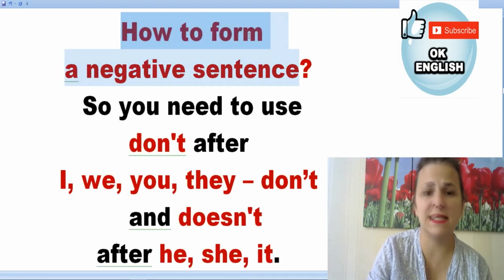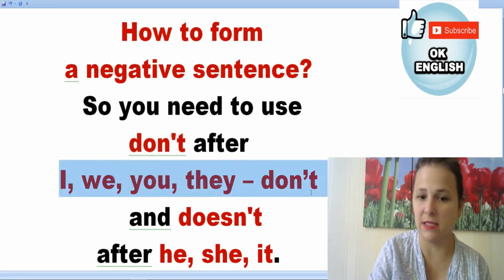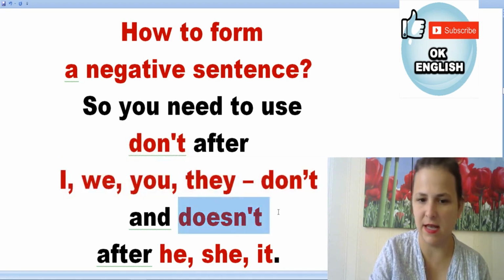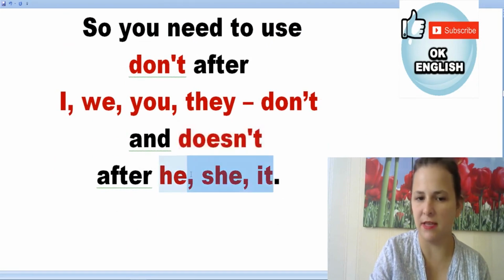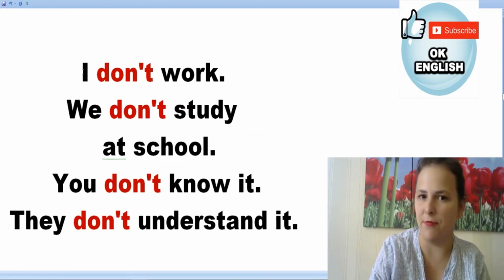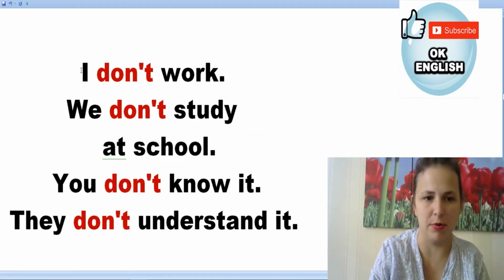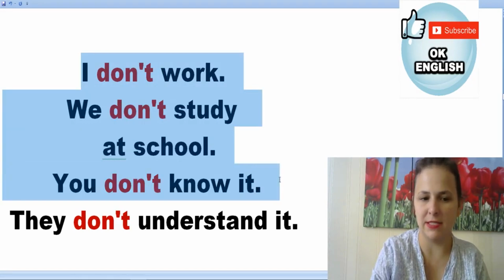How to form a negative sentence. So you need to use don't after I, we, you, they, and doesn't after he, she, it. For examples, it's a negative form in present simple. I don't work. We don't study at school. You don't know it.